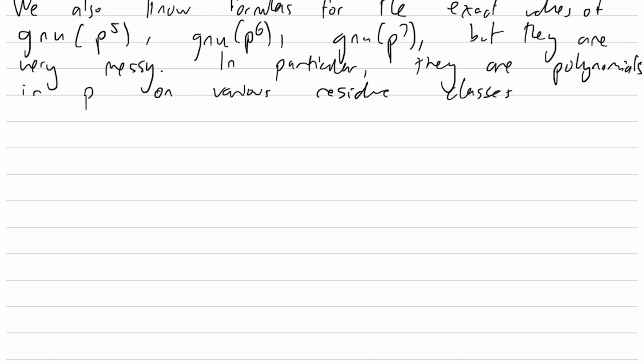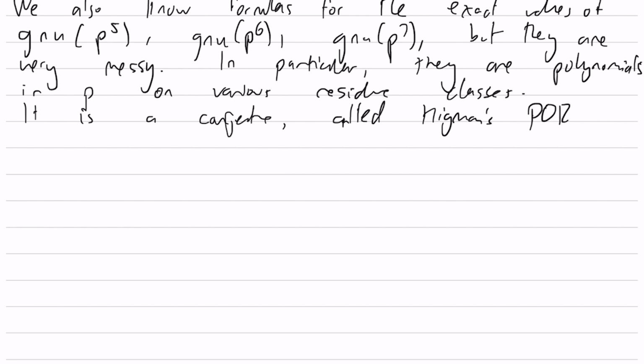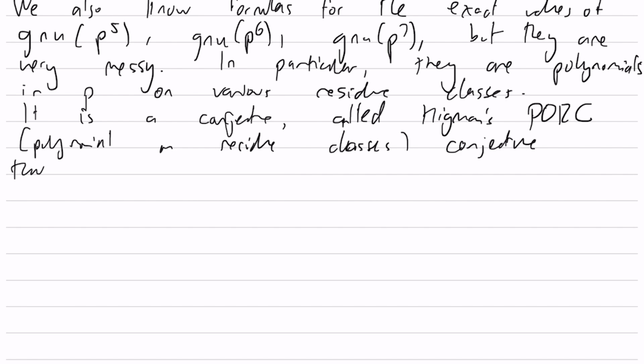In particular, they are polynomials in p on various residue classes. It is a conjecture called Higman's PORC, meaning polynomial on residue classes, that this is the case for GNU(p to the n) for all n.